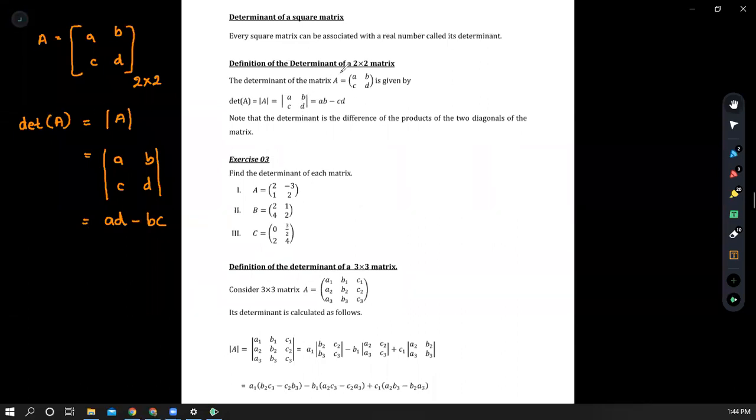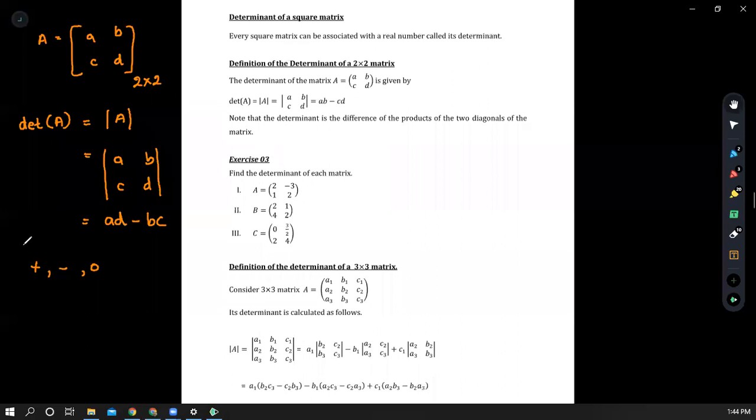Therefore, for a 2 by 2 matrix, the determinant is the difference of the products of the two diagonals of the matrix. When we obtain the determinant of a matrix, it can be 0, a positive value, or a negative value.